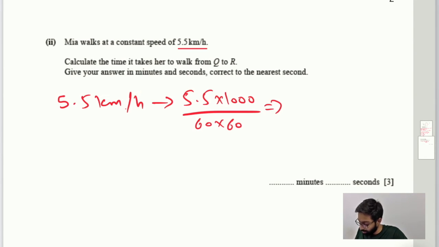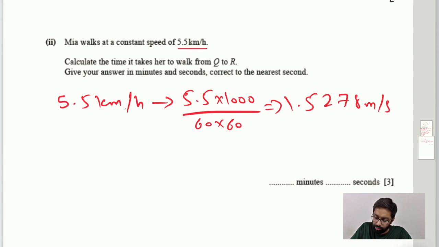It gives us 1.5278 meters per second, and I'm using more decimal values because it's easier for us to find the final answer to the nearest second in the end.